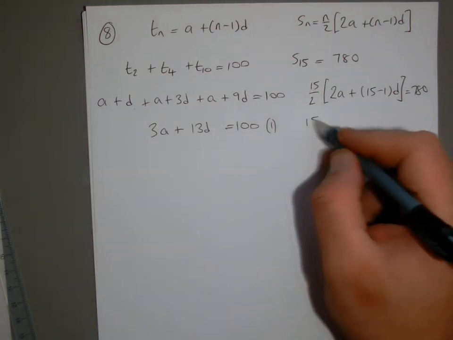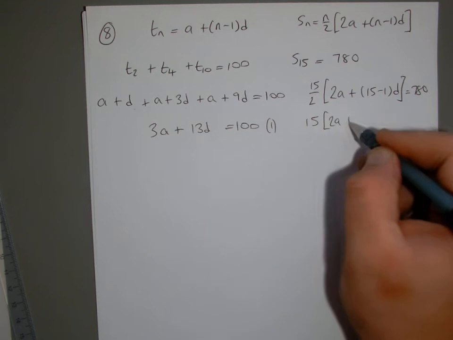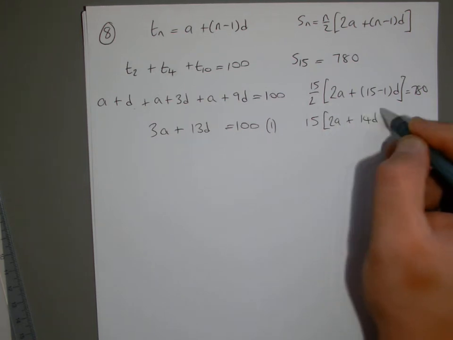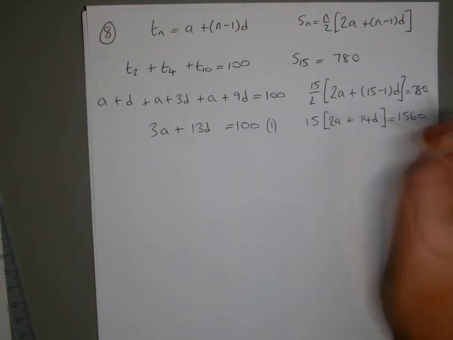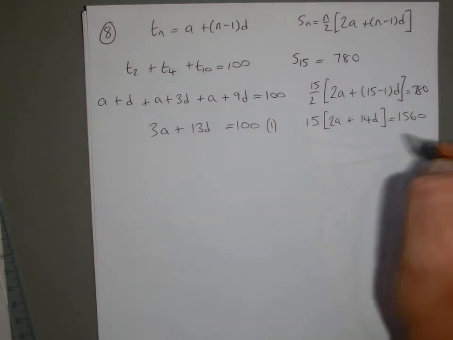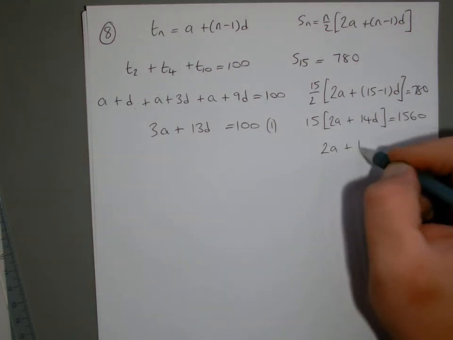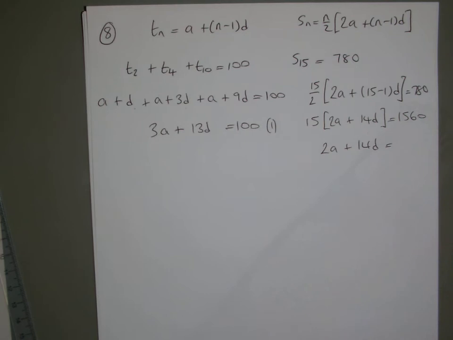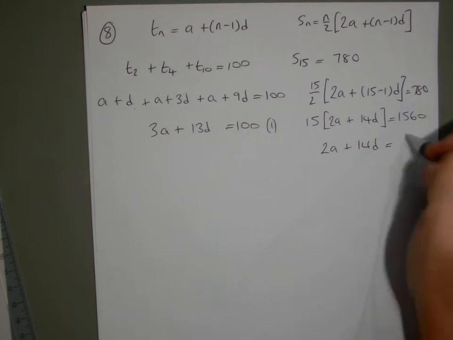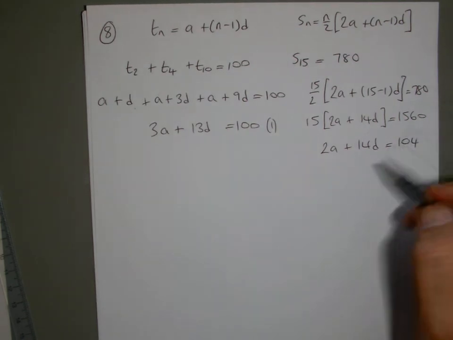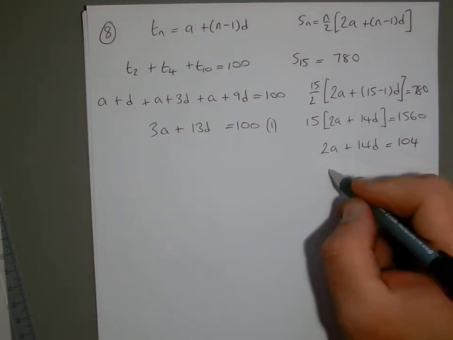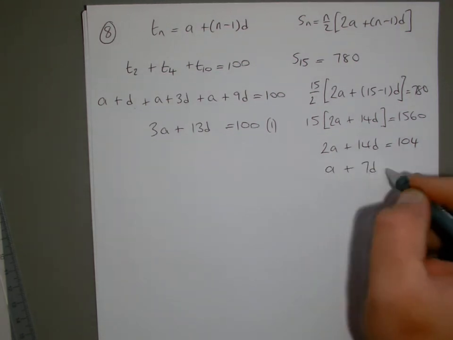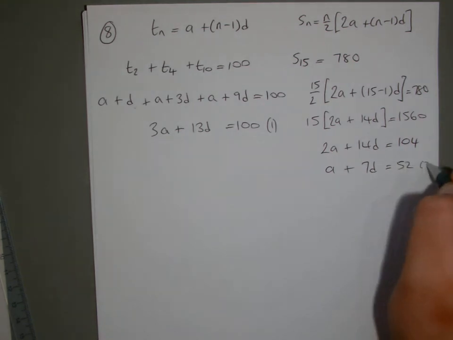Let's do that in steps maybe. So 15, 2A plus 14D here will equal 1560. So I've timesed through by the 2. Then let's divide through by 15. So I get 2A plus 14D is 104. And I could also divide by 2, couldn't I? Because 2 is a common factor. So I get that. This is equation 2 there.